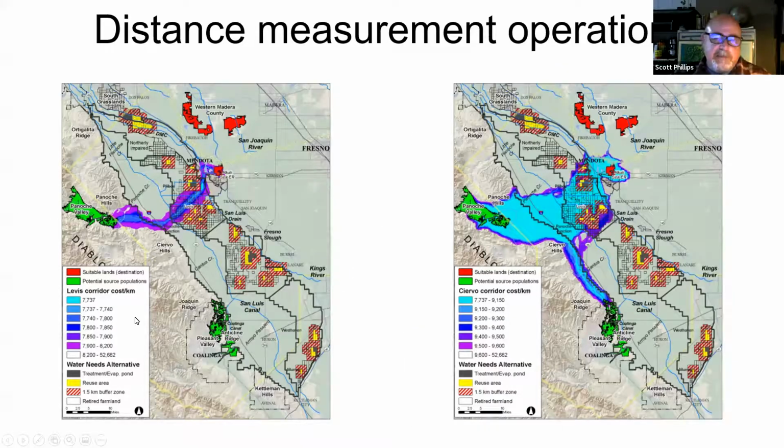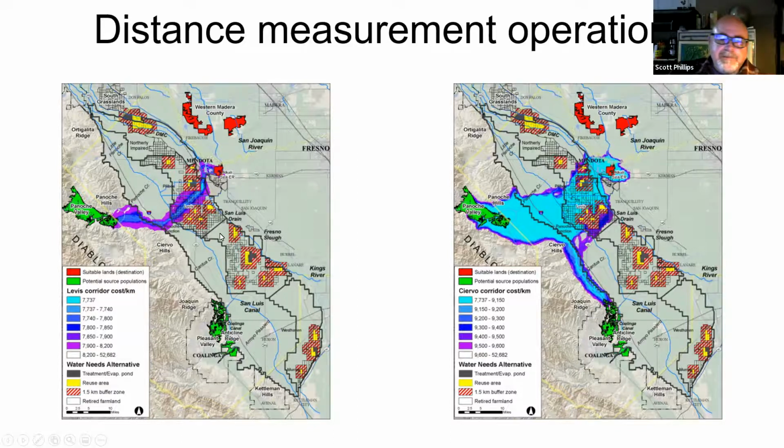So here's an example, and this is from an actual project from some years back, where different land retirement strategies were being considered on the west side of the San Joaquin Valley. What we're looking at is the cost distance of some type of endangered species trying to travel through these different types of features.